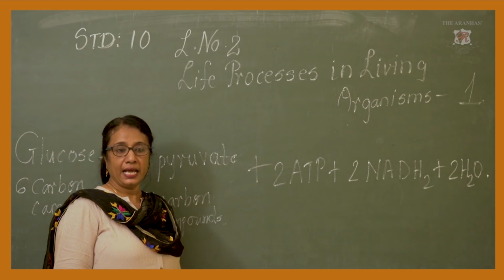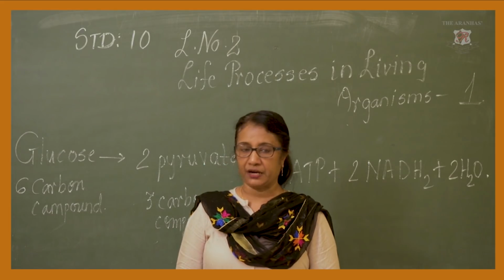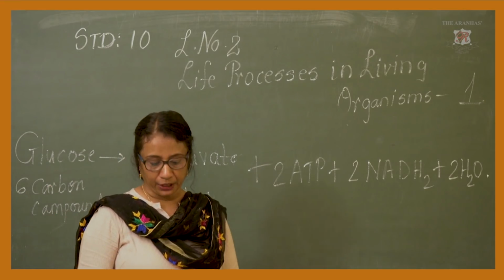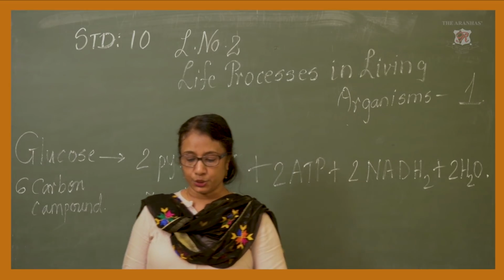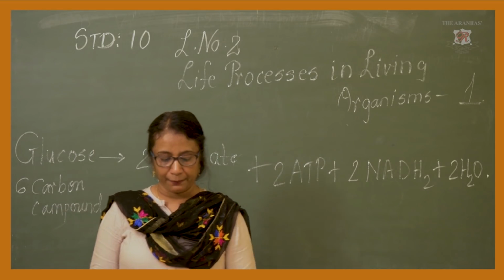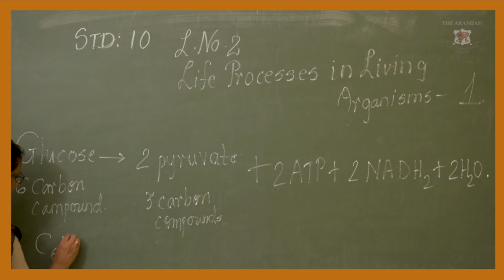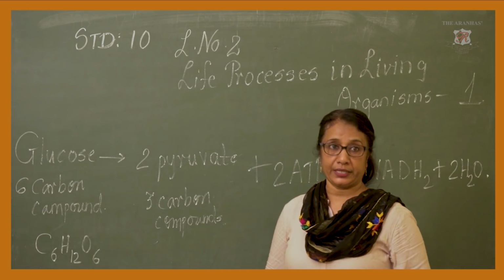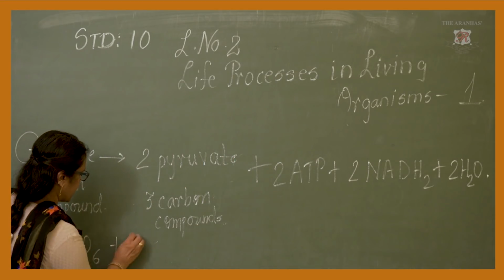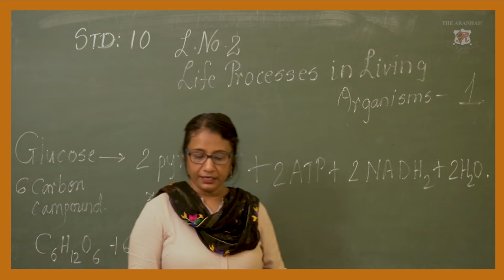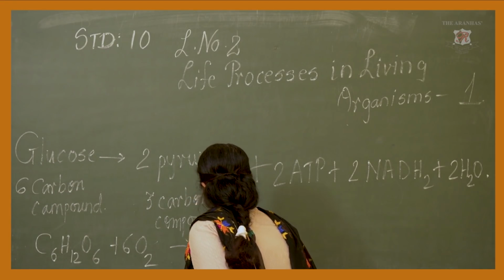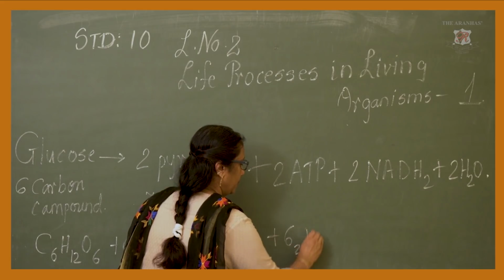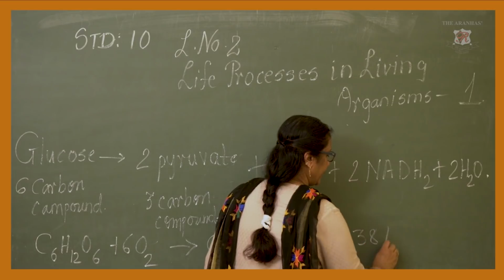Glycolysis is also called what, children? The EMP pathway. It is named after 3 major scientists, Emden, Meyerhoff and Parnas. Now, in aerobic respiration, what you get is C6H12O6 plus oxygen, 6O2, gives you 6CO2 plus 6H2O plus 38 ATP molecules.